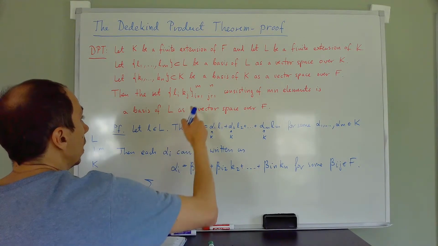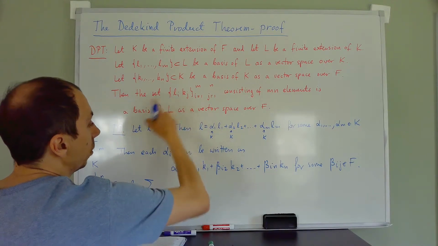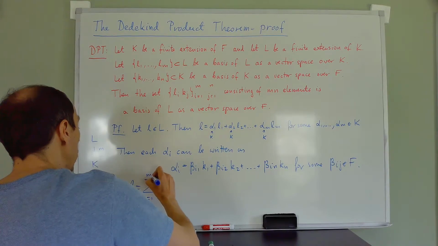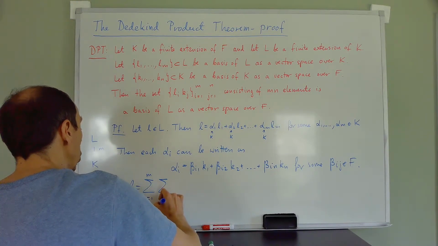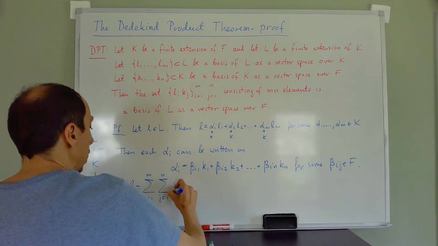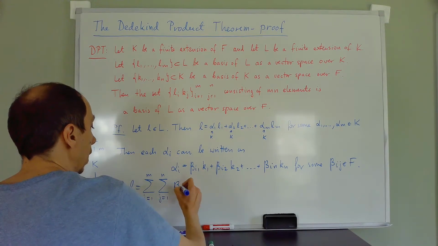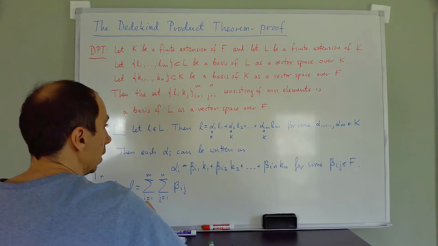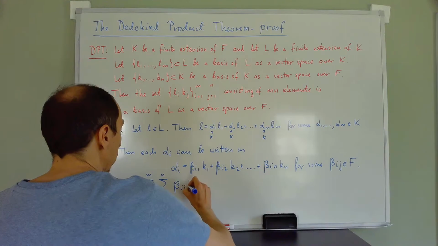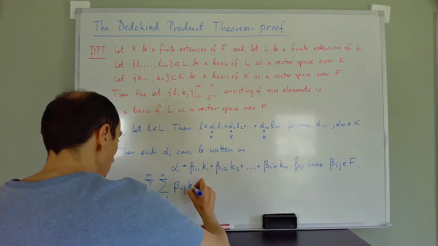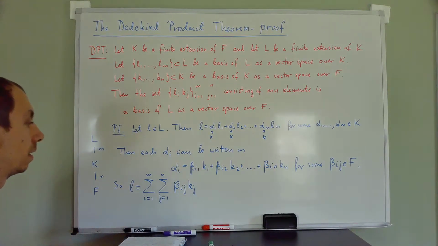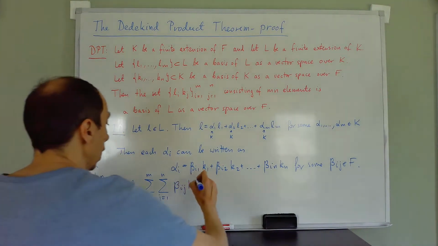Let's say the i's were numbering the l's, so it'll be the summation from i equal 1 to m, summation j equal 1 to n, beta ij kj times li.